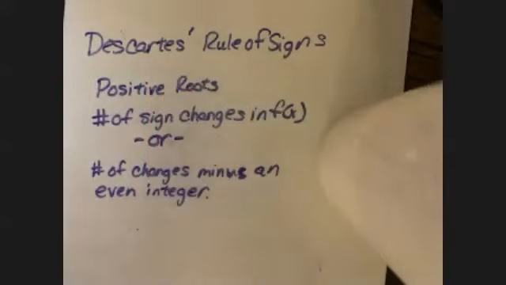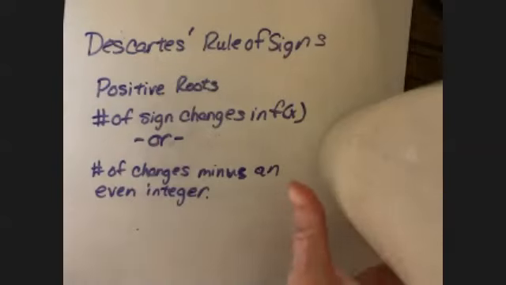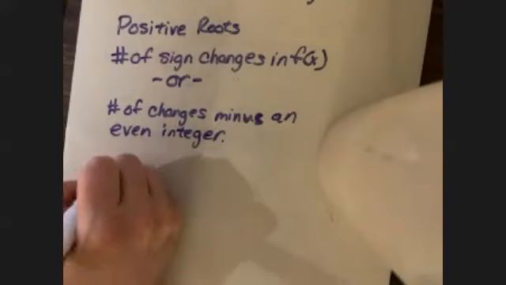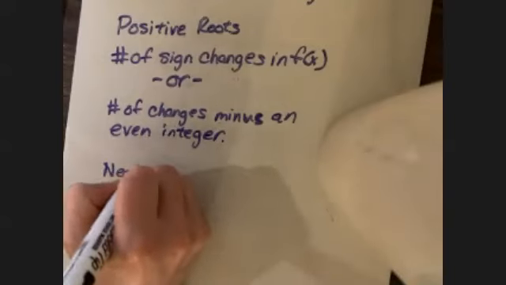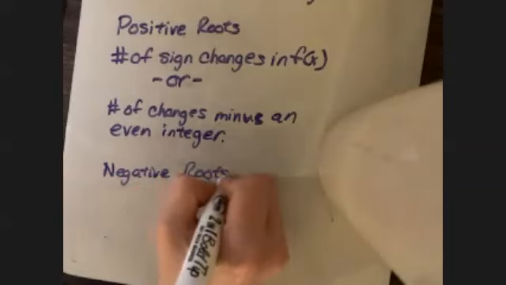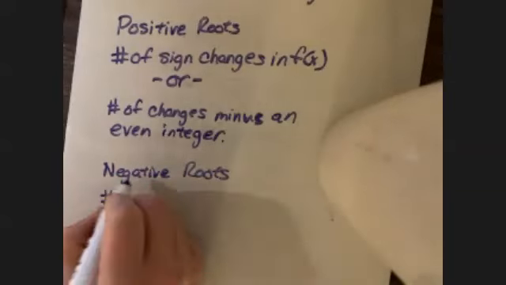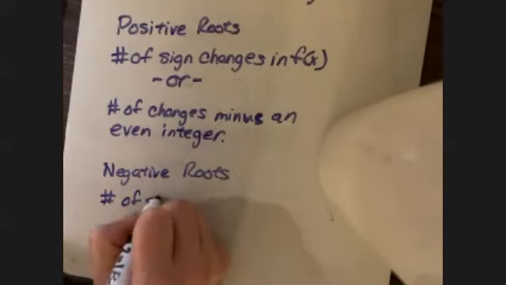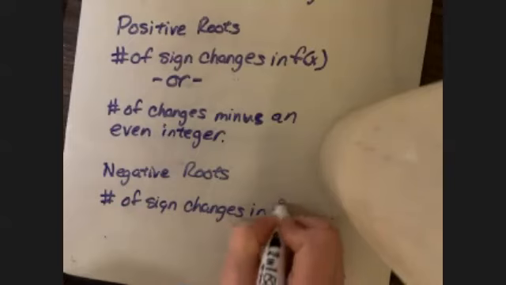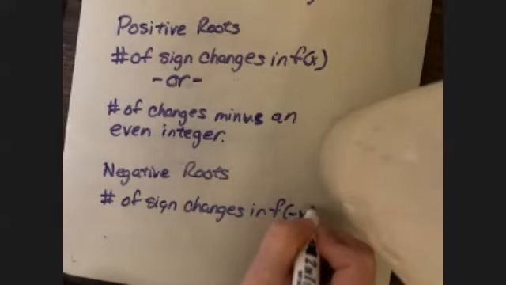Now, in order to get the negative roots, and this all begins to make a little bit better sense when you see one actually done in an example, this is the number of sign changes in f of negative x.